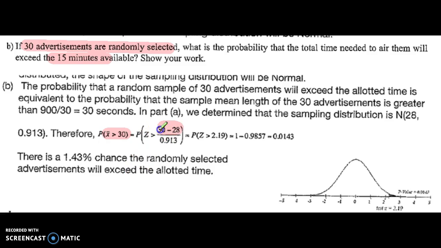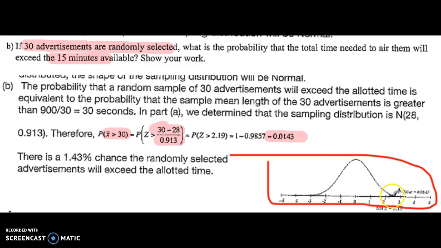So I am going to go 30 minus 28 over my standard deviation, which I calculated in the last problem. Here's my probability, but I need to draw a picture. I am looking for greater than, so I'm looking for this small area right here. And then once I look up that value, I need to put it in context. So there's my answer in context.